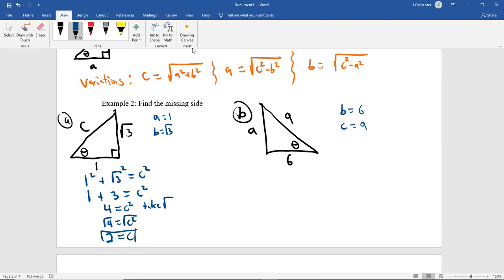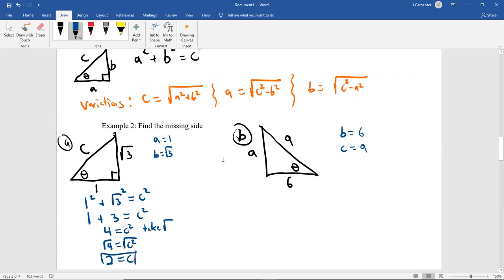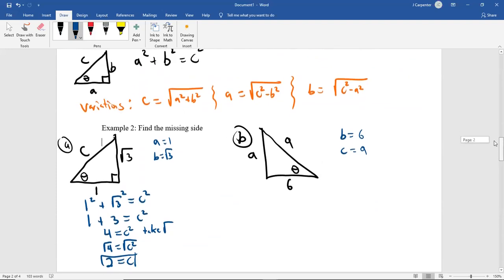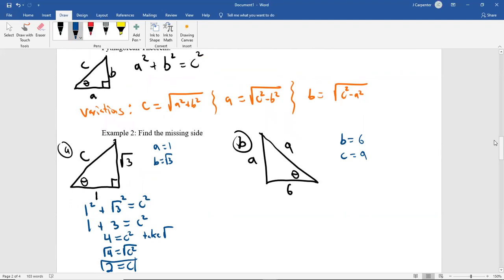So plugging those into Pythagorean, which was right here. A squared plus B squared equals C squared. So we go A squared, because A is A, plus B squared, which is 6 squared, equals 9 squared. 6 squared is 36, 9 squared is 81. You better be able to do that without a calculator.